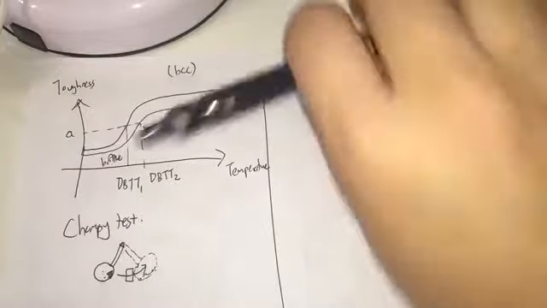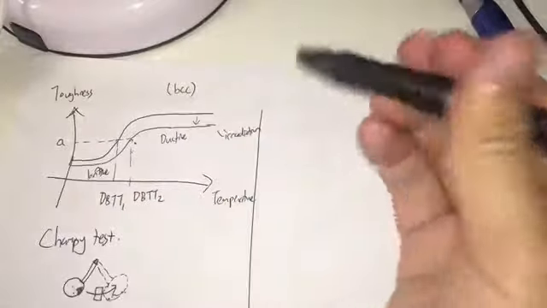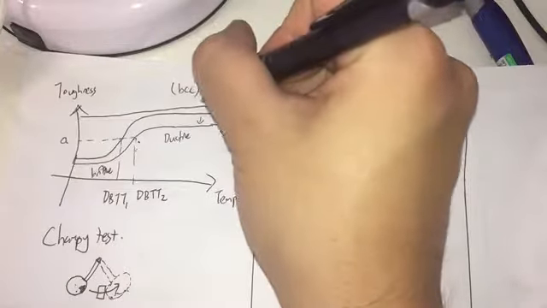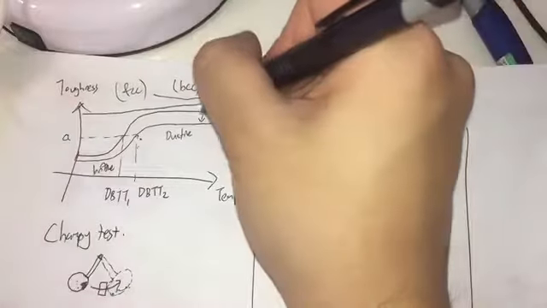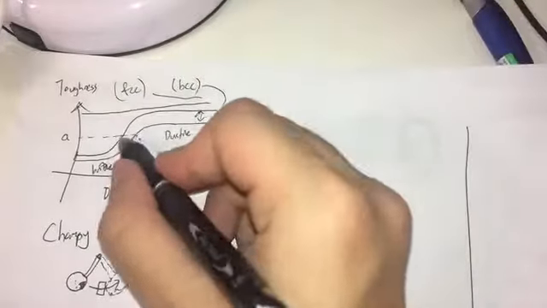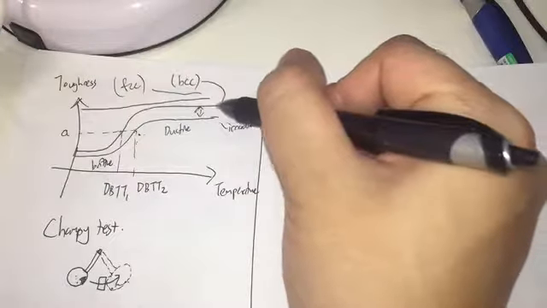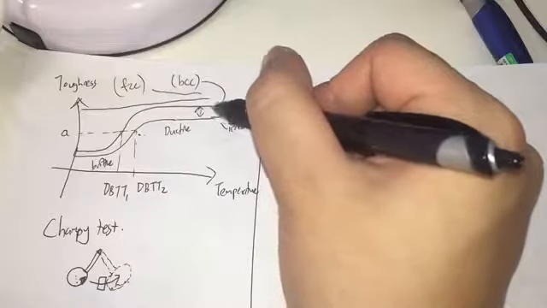So this is a BCC material, whereas for FCC, the unirradiated one will look like this. But again, there will be embrittlement as well. So BCC is for this, and this is for FCC. What we must note is that the ductile to brittle temperature increases, and of course the toughness will decrease even at high temperatures.